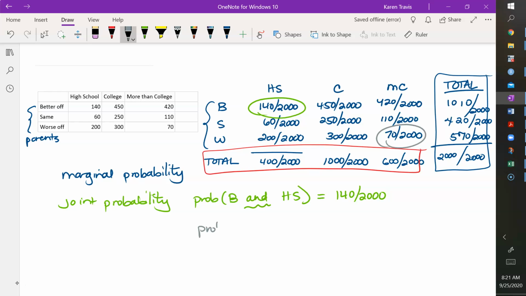This is the probability that they said they're worse off and they got more than college, which is 70 out of the 2,000. So the important concept here is joint probability is two events simultaneously, whereas the marginal probability only relates to one event at a time.